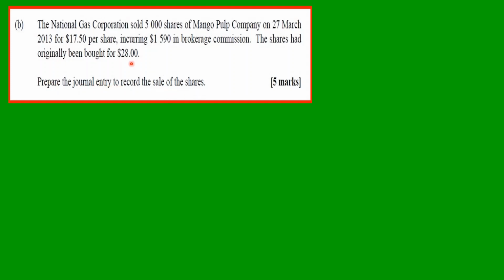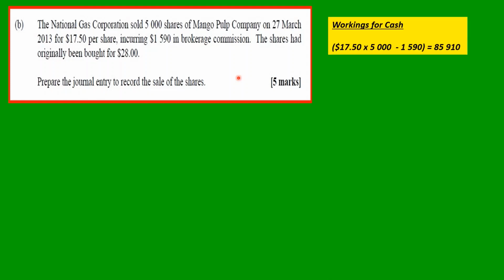Okay, so we have here some shares being sold at a loss, and they're incurring a brokerage fee of 1,590, which will increase the loss. Right? First, we do the workings.